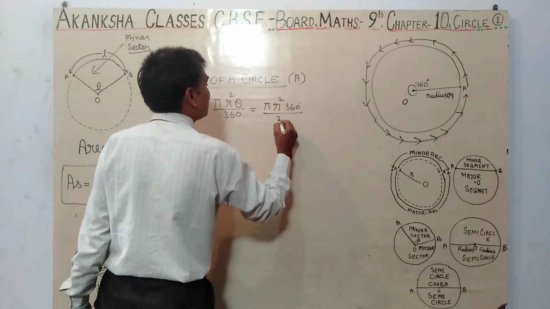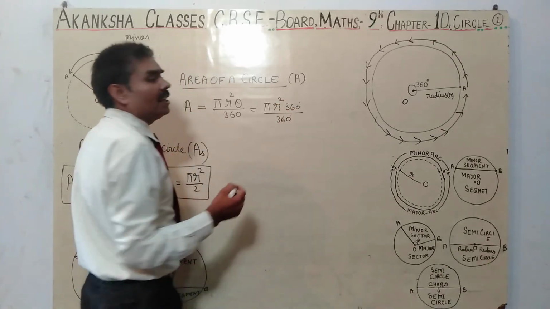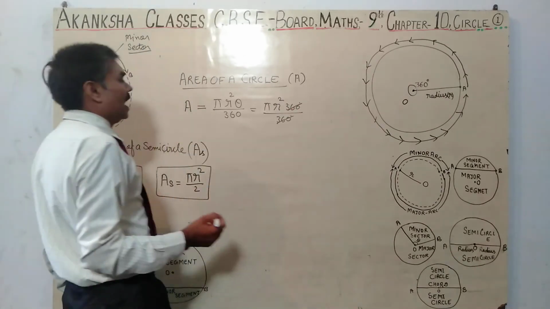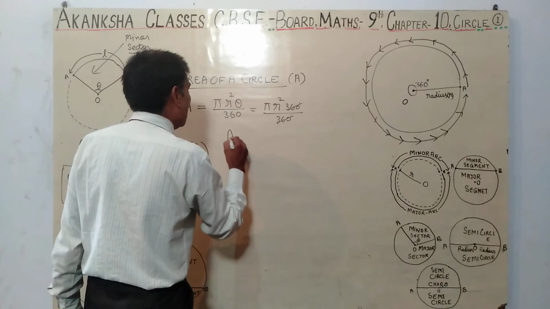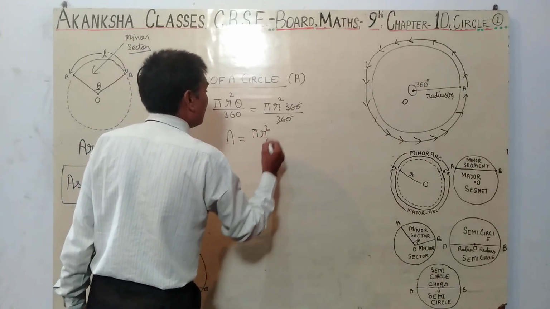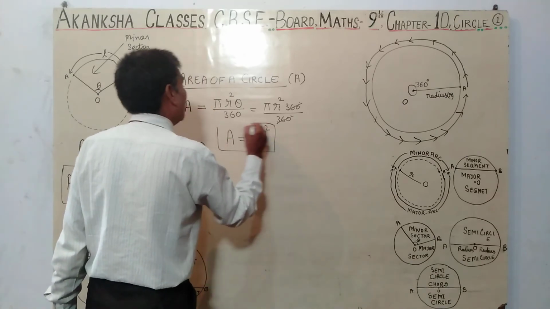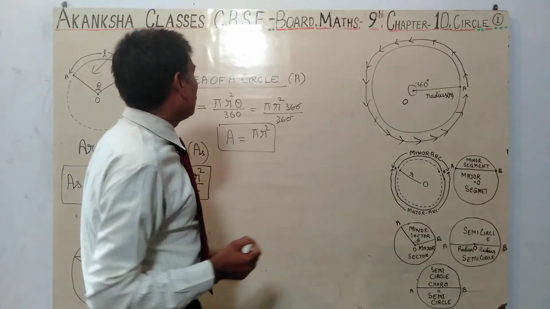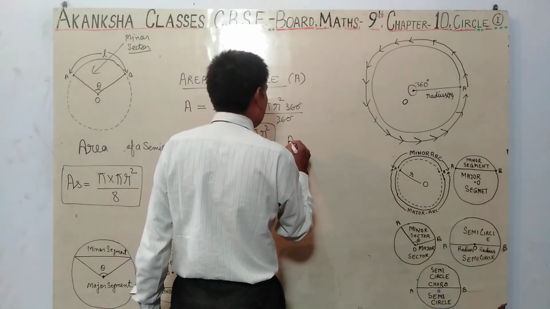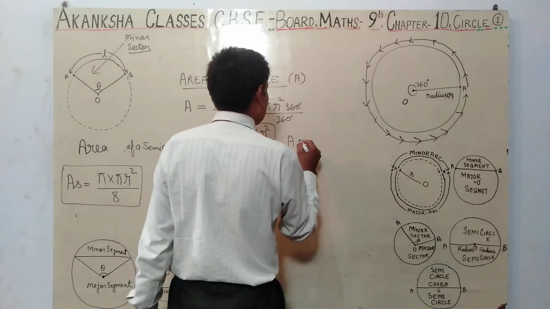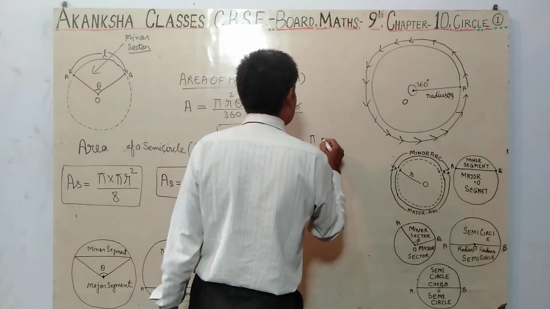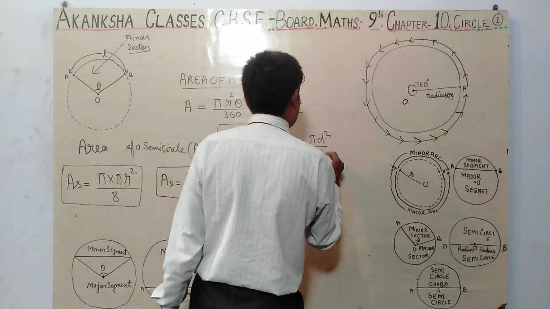By 360, 360 and 360 will be cancelled by the law of cancellation, and we get area of circle equals pi r square. If you want to find the area in terms of diameter, you can put the value of radius in terms of diameter: pi d square by 4.